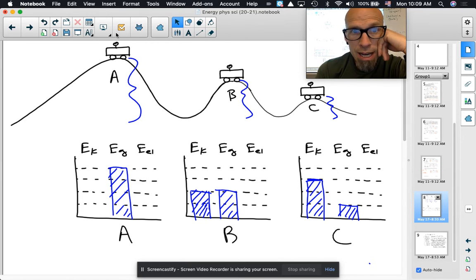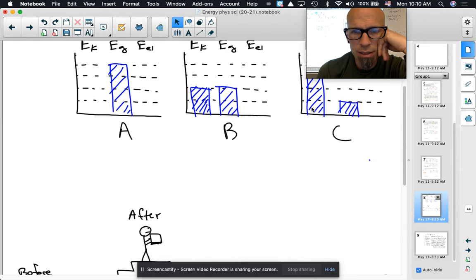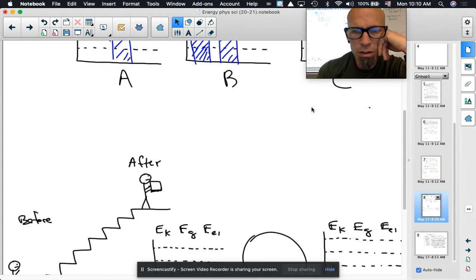So if it's not even moving at the top of this hill, then it's probably moving pretty good here. And by the time you get to the third hill, it's moving pretty fast because most of the energy that it had gravitationally at the beginning is kinetic now, because only a tiny bit is gravitational. Hopefully that makes sense.